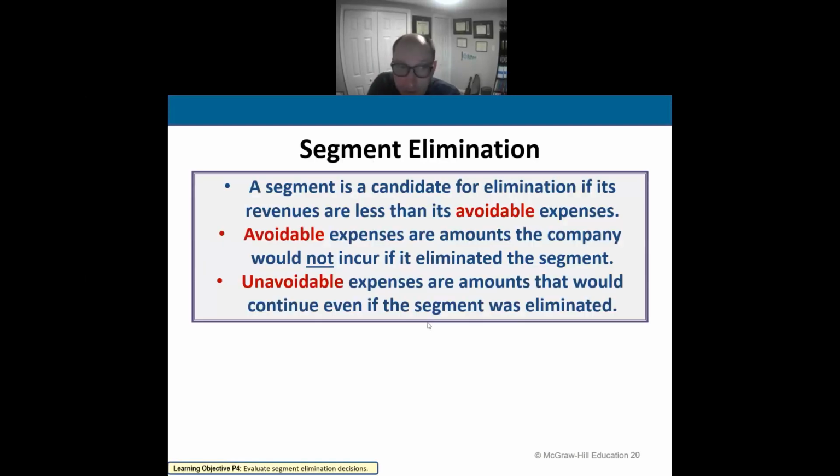And that decision of discontinuing or eliminating is going to have an impact on our revenue and expenses. Sometimes we can avoid expenses when we remove a segment from our company.